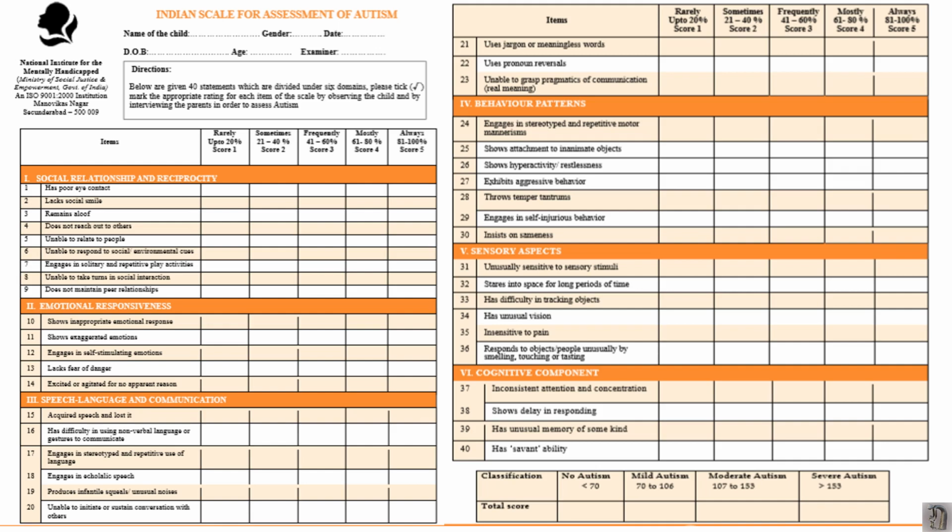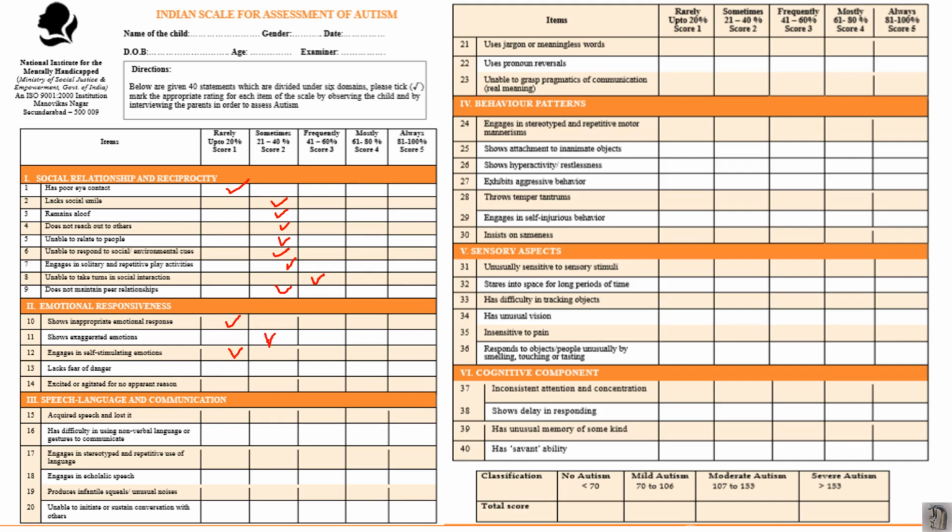For example, let us take an example: has poor eye contact. So you need to score each and every item. You should not leave even a single one, as it is very clearly mentioned. So you need to be very clear.